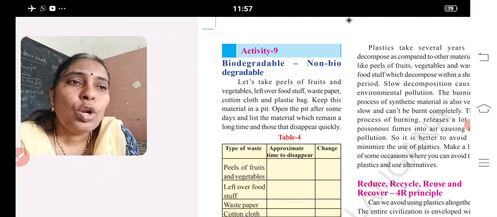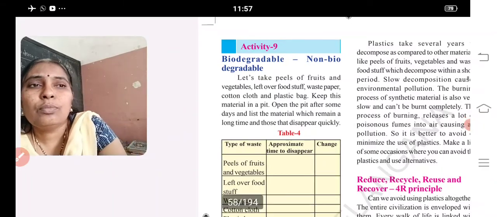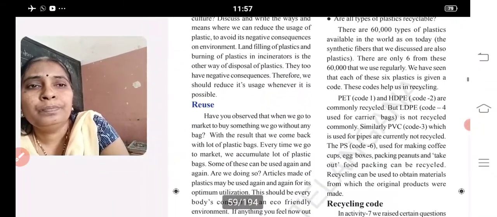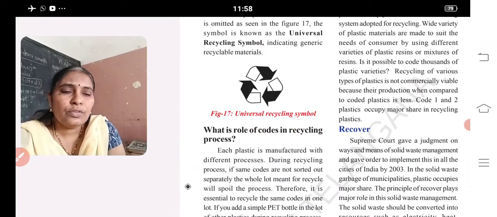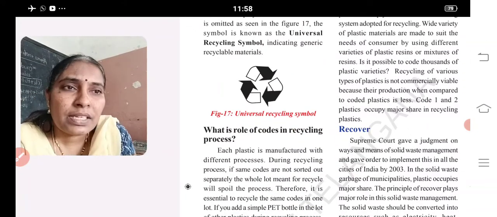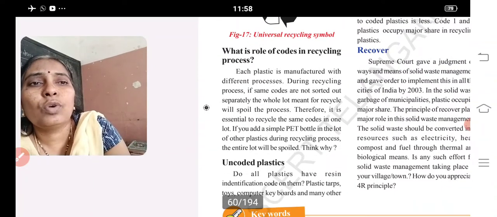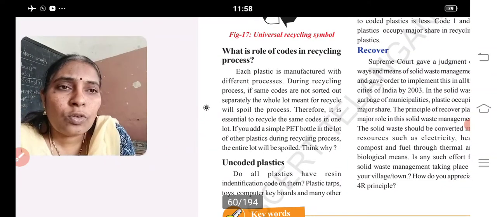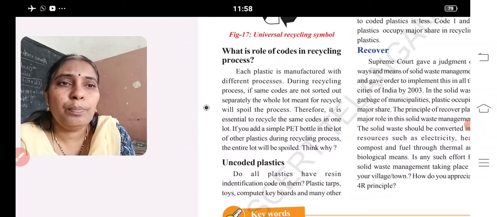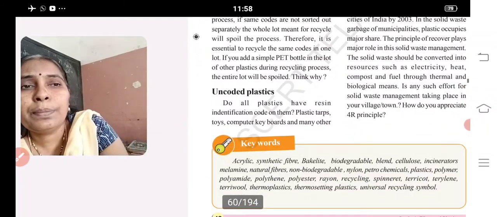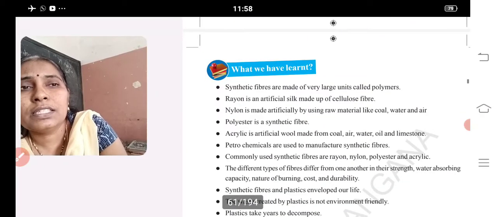Plastic is a non-biodegradable material. So here, by following the 4R principle and using the universal code, we can minimize the use of plastic. What is the role of recycling codes? We can collect the plastic. By seeing the recycling codes, we can make separate slots, and that can be used for a particular purpose. So coding plastic helps us in recycling.